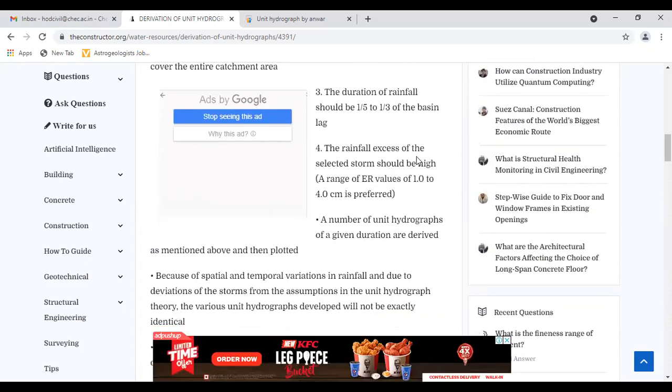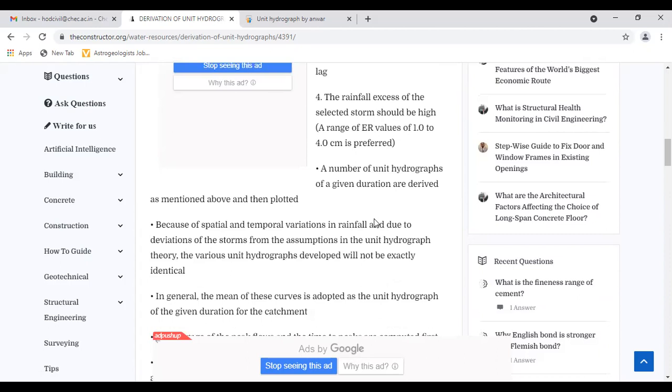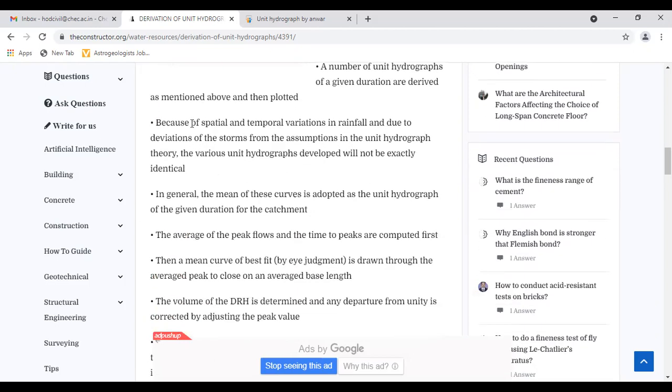The rainfall excess of the selected storm should be high. A range of effective rainfall value of 1.0 to 4.0 cm is preferred. A number of unit hydrographs of a given duration are derived as mentioned above and then plotted.